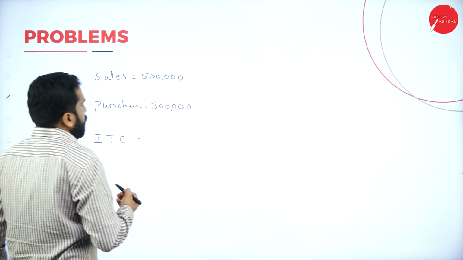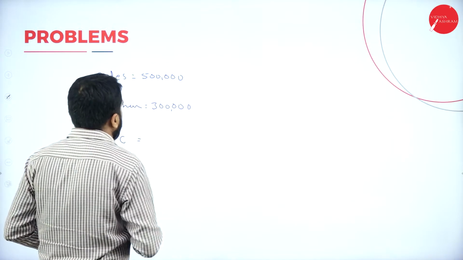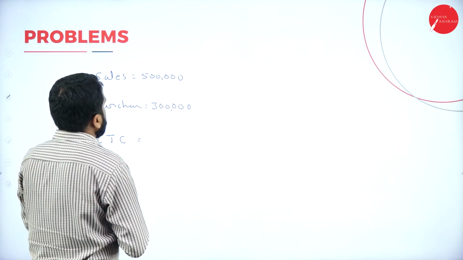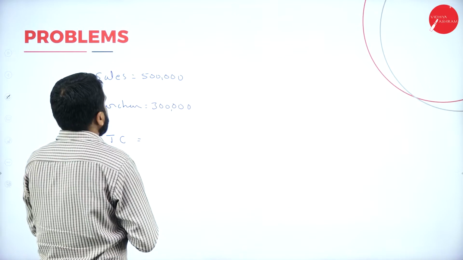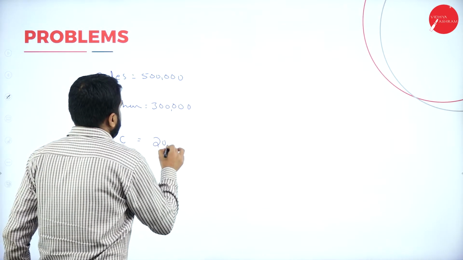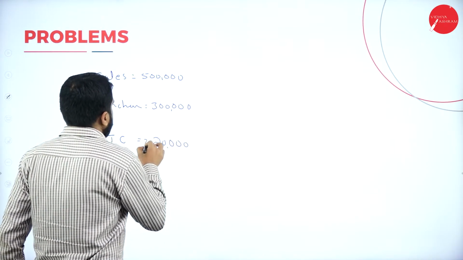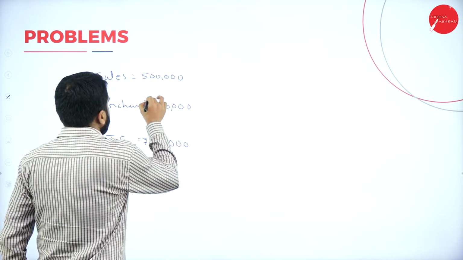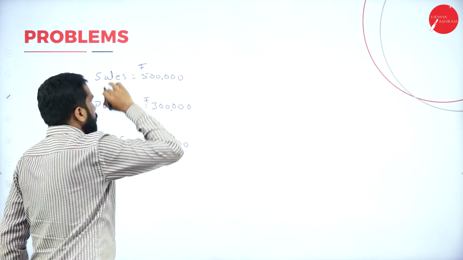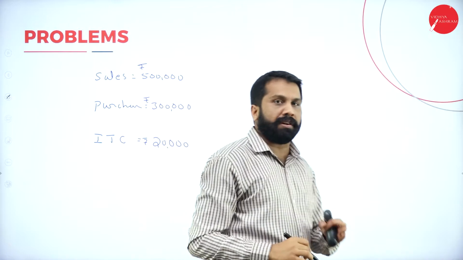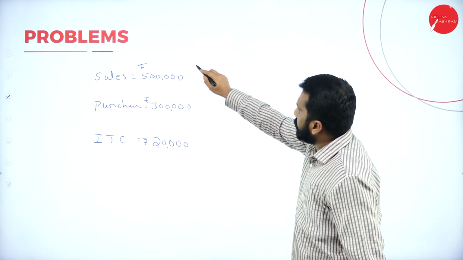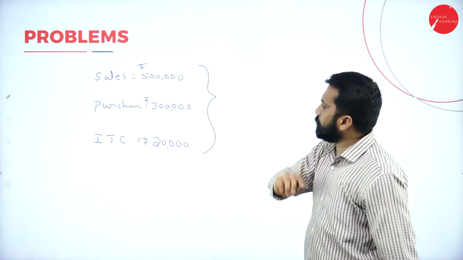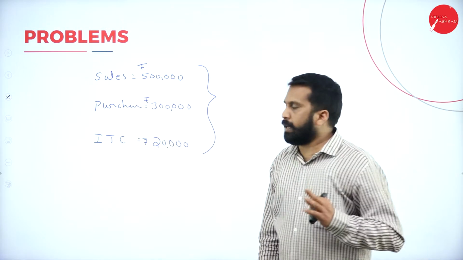We'll go with 18%, in the sense, yes, 20,000. Everything is in rupees. These are the information right now we have: sales we have, purchases we have, ITC we have.